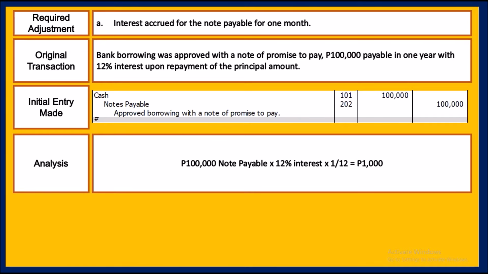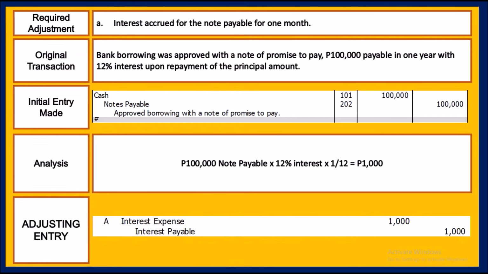However, as I told you, we cannot just record the interest expense when we pay the interest, because we would violate timeliness. Since we are reporting financial reports for 1 month, 100,000 note payable times 12% interest times 1 month over 12 months, we need to recognize interest expense and interest payable of 1,000. So our adjusting entry is debit interest expense of 1,000 and credit interest payable of 1,000. That is our adjusting entry for letter A.